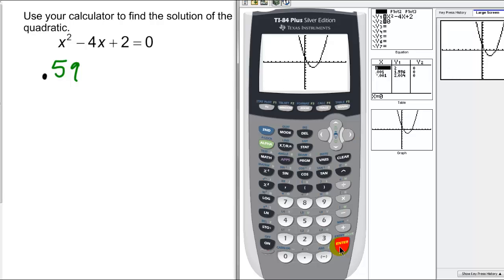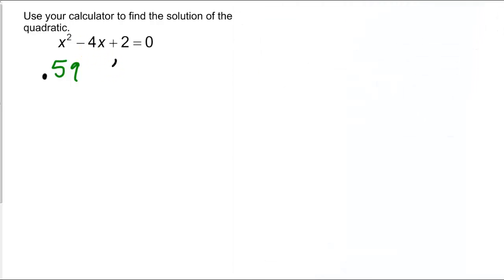It'll ask me to guess, so I hit it a third time. I end up with about 3.4. So those are my two values. Now, unfortunately, because this doesn't actually factor, I can't check it by factoring, so I just use these as my two solutions.